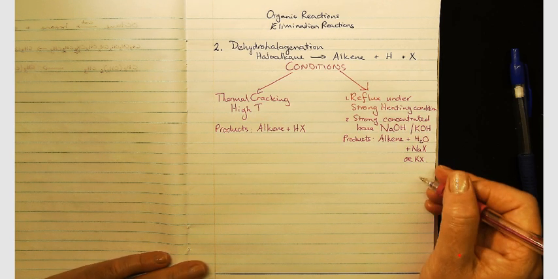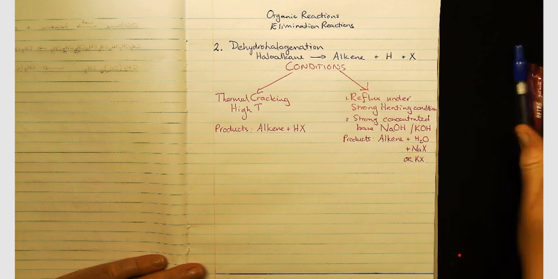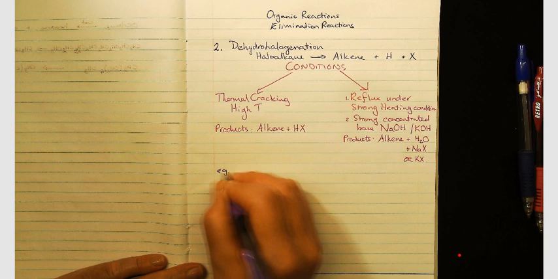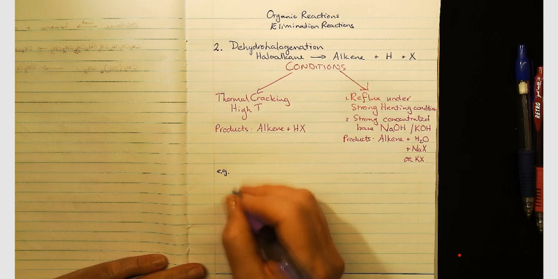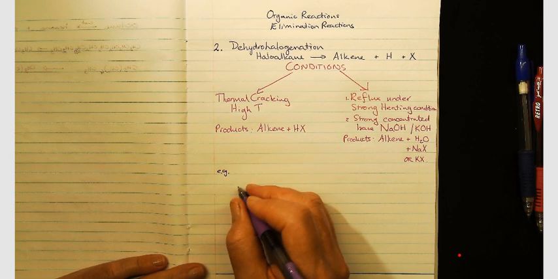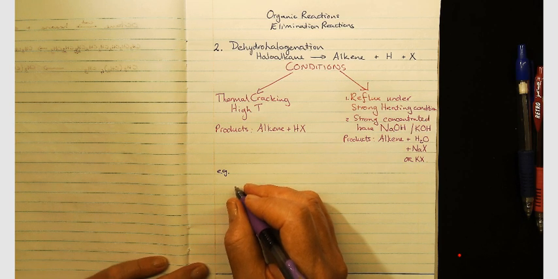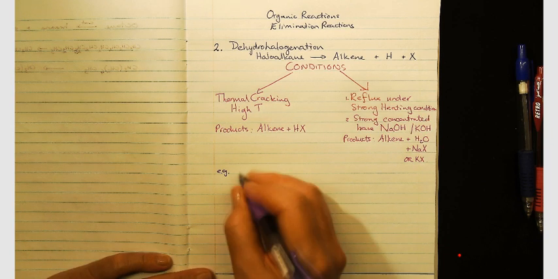So let's look at some examples of thermal cracking. Our example is chloroethane.